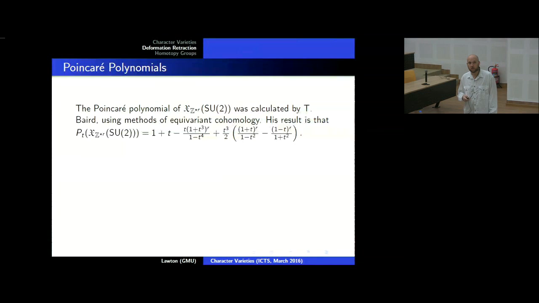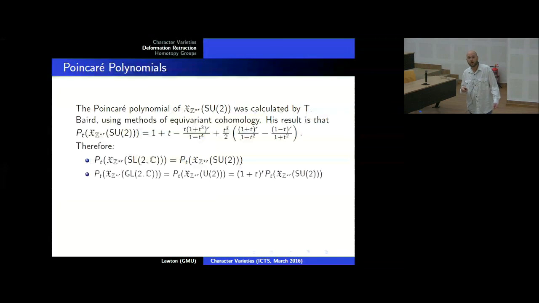And he gets this nice formula, and he used equivariant cohomology. Now, that's great, but equivariant cohomology is not going to help you much for SL2C when you're talking about a GIT quotient. But given the deformation retraction, we get the Poincare polynomial for the GIT quotient just for free, using a method that was not applicable to this setting.